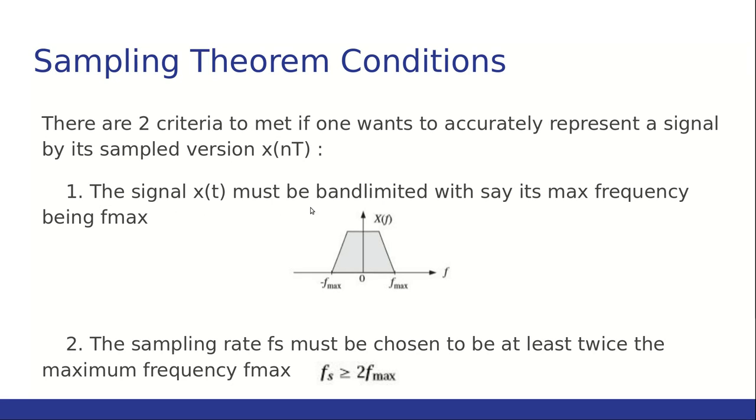The signal x(t) must be band limited, with say a maximum frequency f max, that is, after f max the frequency spectrum X(f) should be 0. The second criterion is that the sampling rate fs must be chosen to be at least twice the maximum frequency in the frequency spectrum, that is, fs should be greater than or equal to 2 times f max.